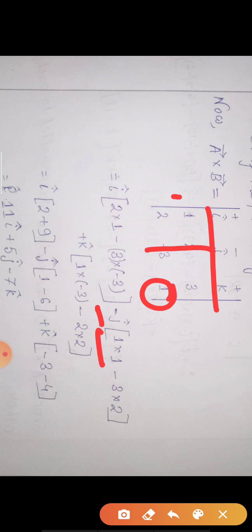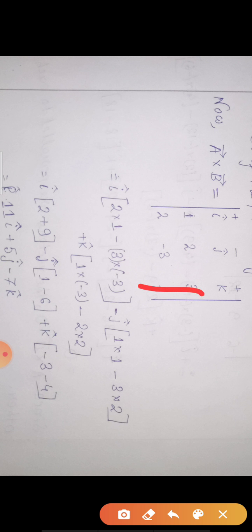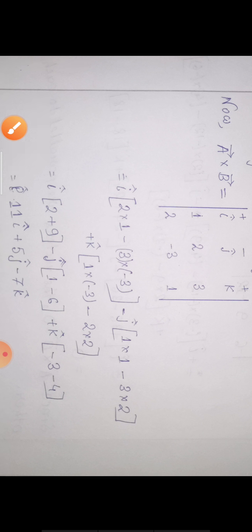So 1 into 1 minus top right is 3 and bottom left is 2, so 3 into 2, plus k hat. So plus k hat is positive. So remove these terms. Top left is 1 into bottom right is minus 3, then minus sign, top right is 2 and bottom left is also 2, so 2 into 2.